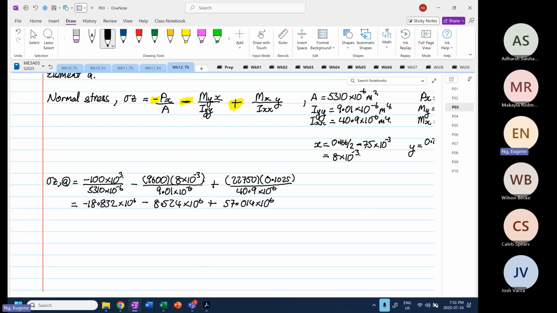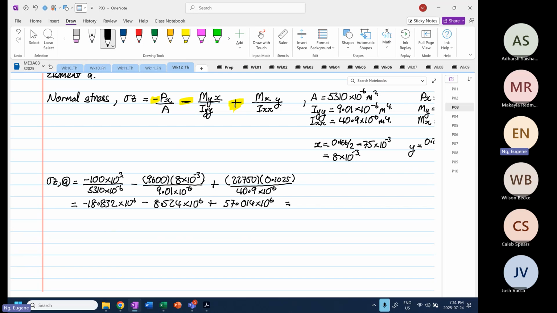Okay, I'm calculating again. 18.832, that's good. Then 9600 times 8 power minus 3 divided by 9.01 power minus 6, 8.524, that's good. 22750 times 0.1025 divided by 40.9 power minus 6, 57.014. Okay, so this is great.